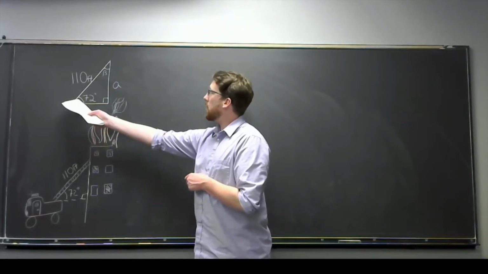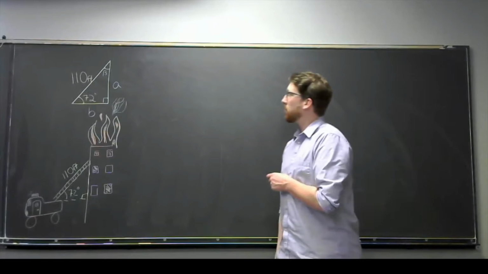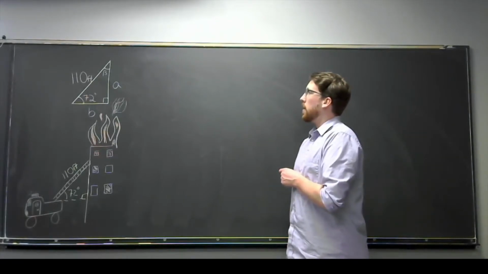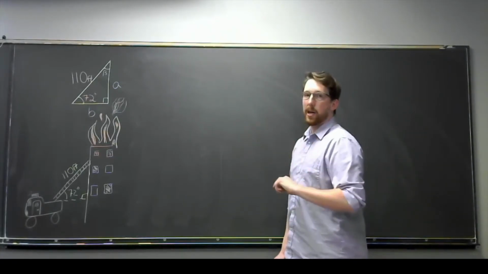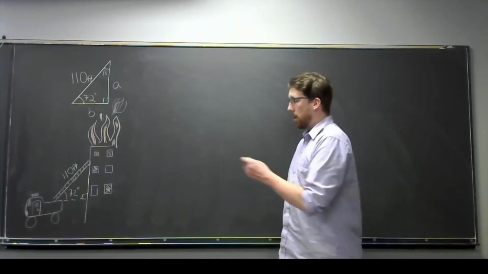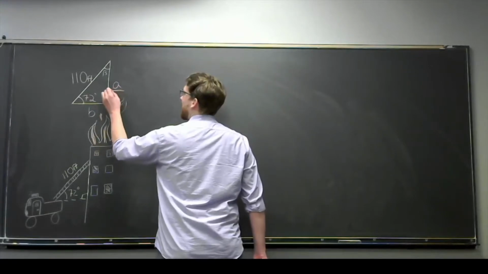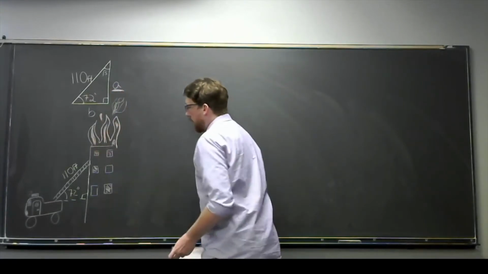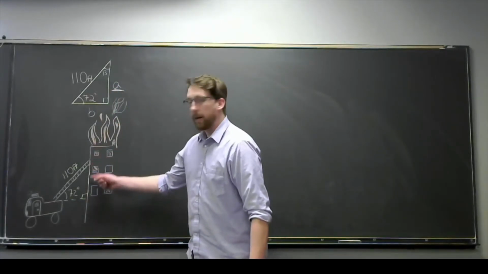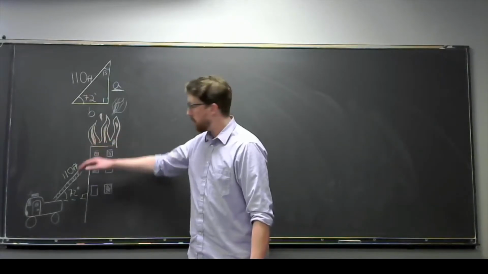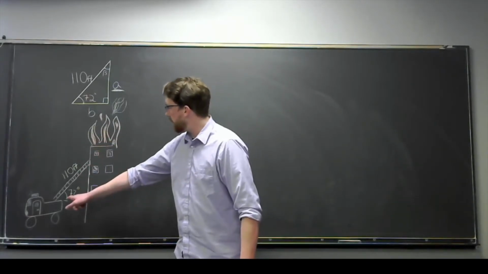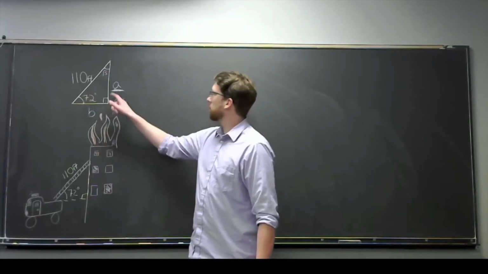Our alpha here is 72 degrees. But we want to know how high that ladder is going to reach. So what we're going to try to solve for is A here, right? Because that would be the corresponding leg. How high up? It's going to be opposite of 72 degrees.